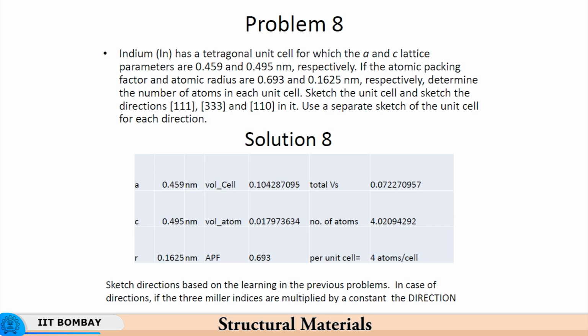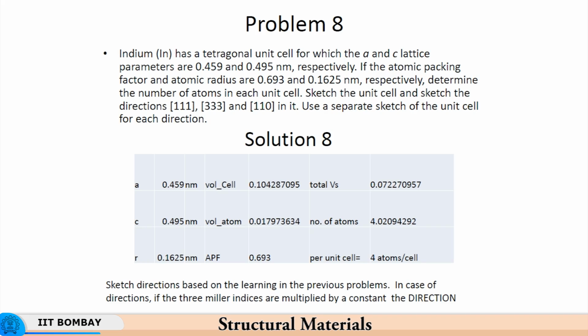In case of planes, one gets parallel planes. So if these Miller indices refer to planes, they refer to parallel planes, but in case of direction, the direction remains the same, direction remains unchanged. So this is something which we should understand.